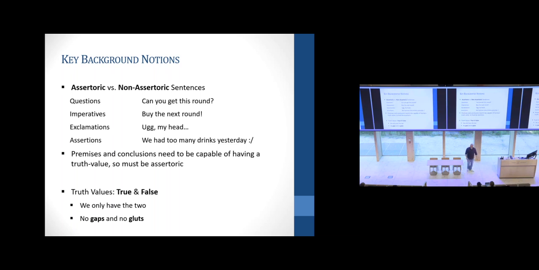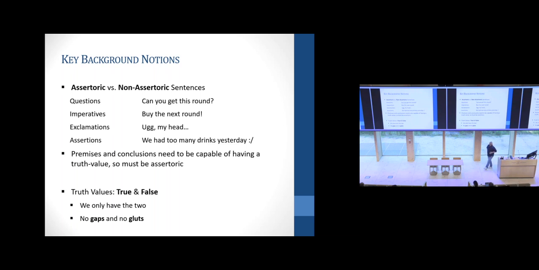Is it true that I have a mole on my left shoulder? Well, look, you might epistemically be in the dark about that, but there is a fact of the matter. The world settles whether I do or I don't. The fiction's gappy. The world, at least on our assumptions, is not. Every assertoric sentence is going to be either true or false. Cool? Again, simplifying assumptions.